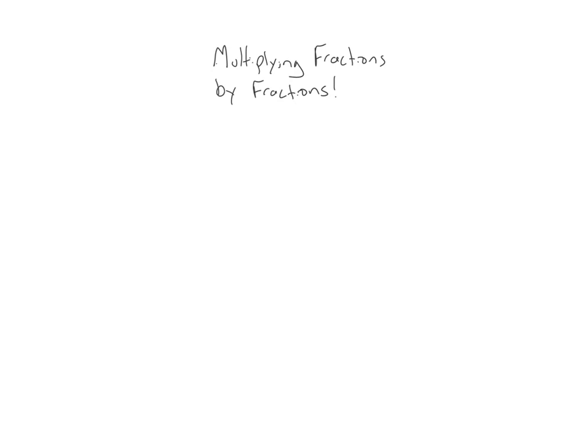So let's look at a fraction, and let's say we have 3/9 times 3/4. Okay, well, if you guys think back to when you made common denominators, what we do is we multiply the numerator times the numerator.